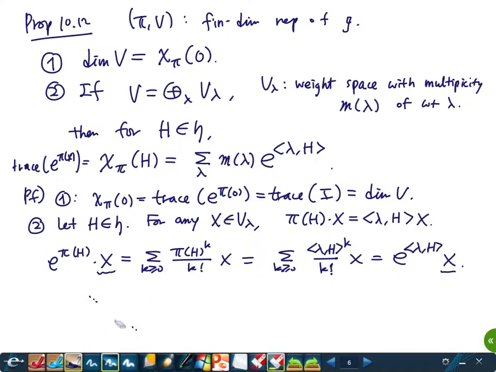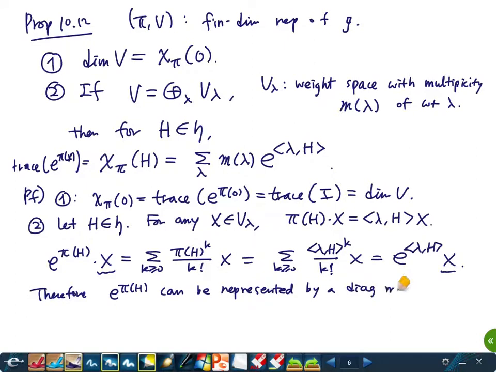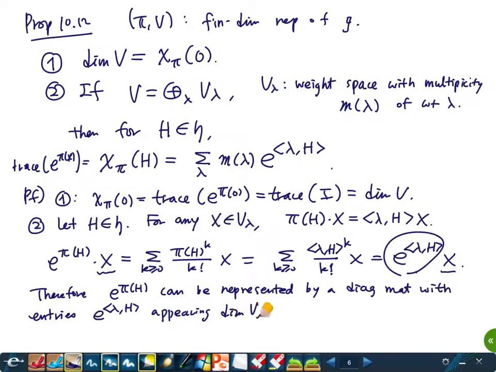To express that in words, let me write it this way. Therefore, e to the pi of h can be represented, by selecting a basis so that the basis elements are weight vectors, by a diagonal matrix with entries like this: e to the lambda of h, appearing dimension of V lambda times.